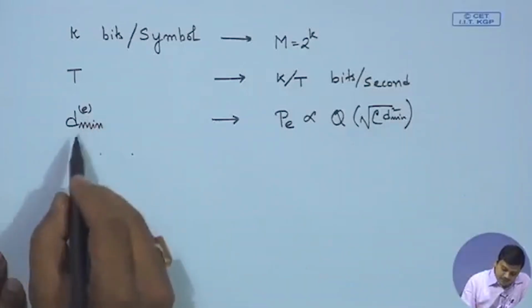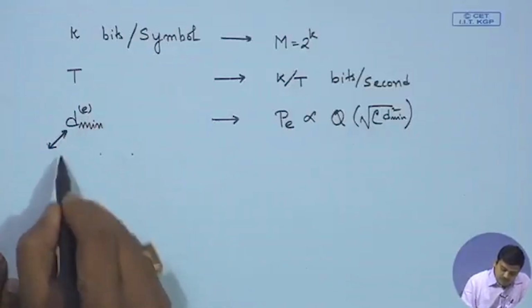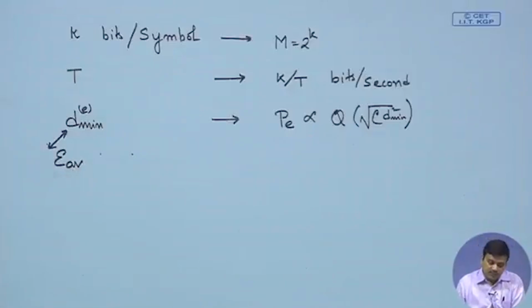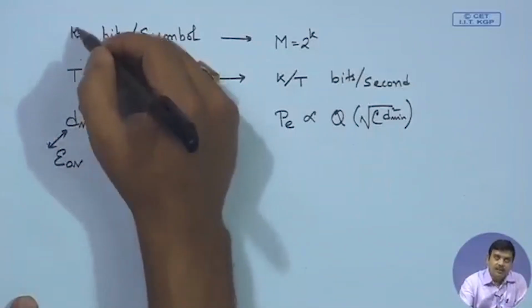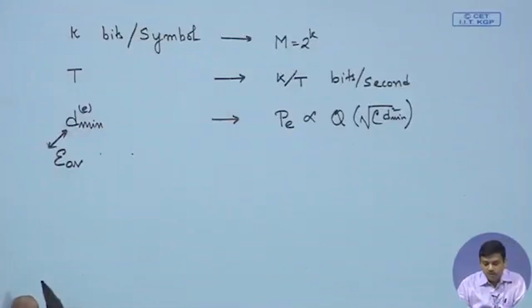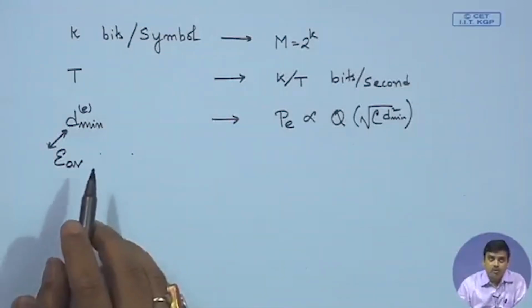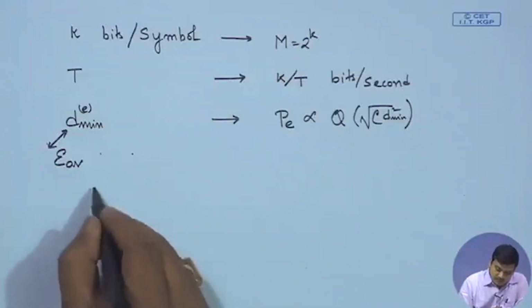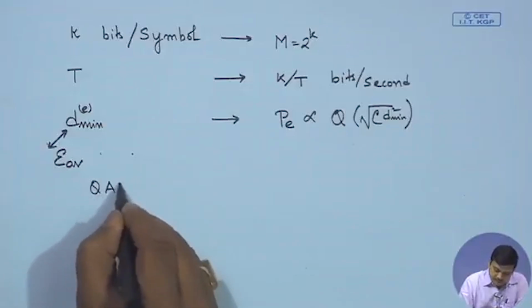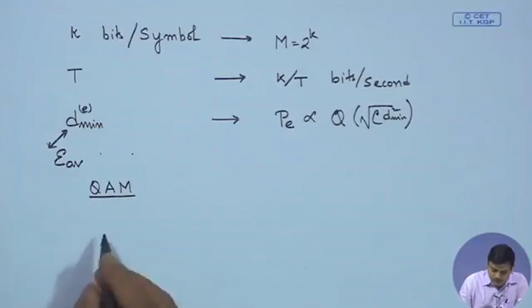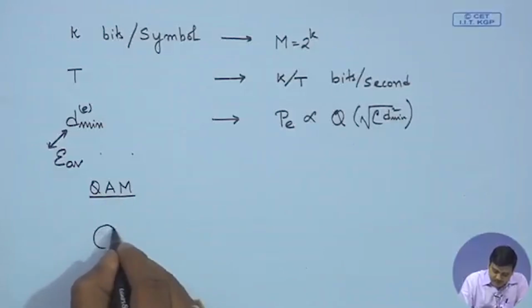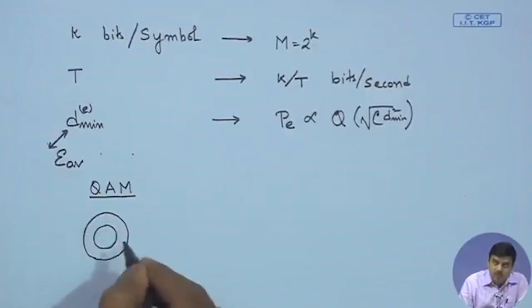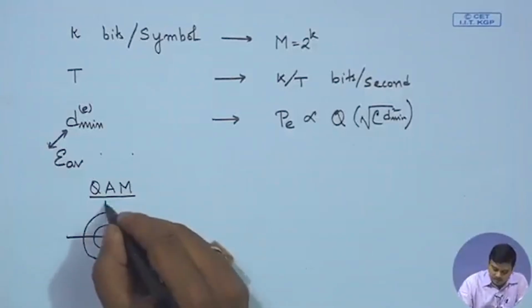And d min is somehow related to E average, which is the average energy. So, we see that there are at least 3 independent factors available in order to choose a particular size of constellation. We have also seen that when we studied QAM, there are several possibilities of choosing a constellation, even though the constellation size would remain the same.